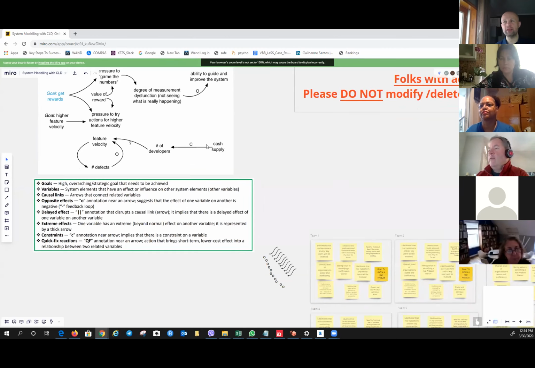Sometimes you have an impact of one variable on the other that is a quick fix. What do you do if you are running low on the project? Well, we're going to throw in more developers. That's a quick fix. And we can now work backwards from that and think, what does it really mean organizationally, systemically? Is it going to be a sustainable pace? Will you be creating goodness or not down the road?